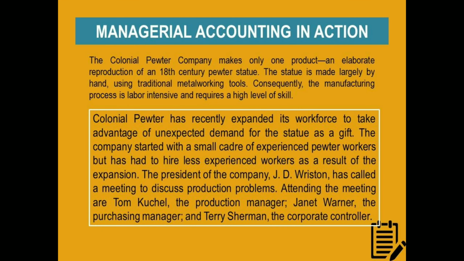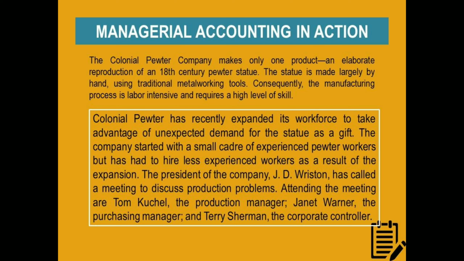Managerial accounting in action. The Colonial Pewter Company makes only one product, an elaborate reproduction of an 18th century pewter statue. The statue is made largely by hand using traditional metal working tools. Consequently, the manufacturing process is labor intensive and requires a high level of skill.